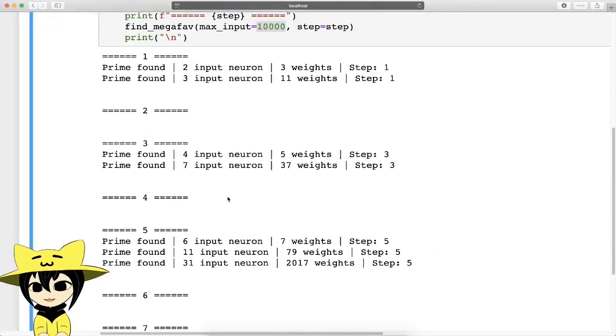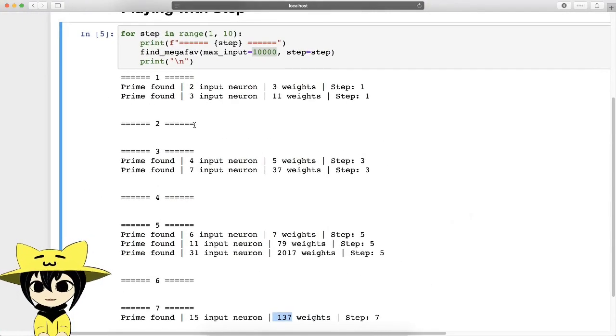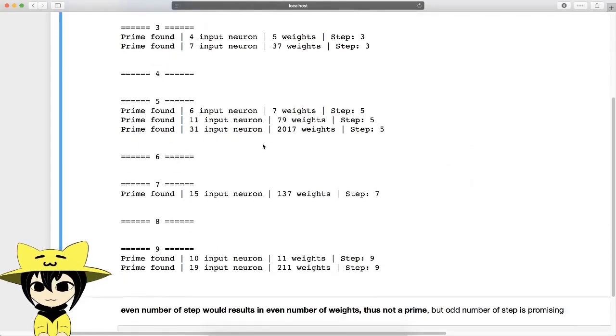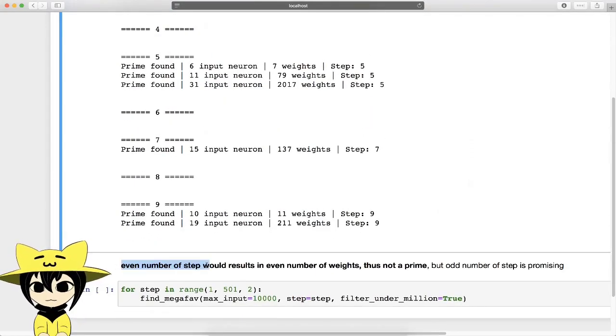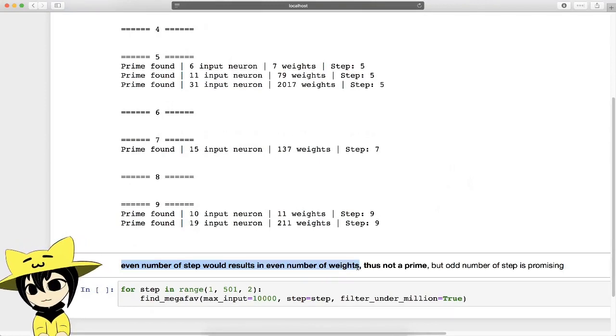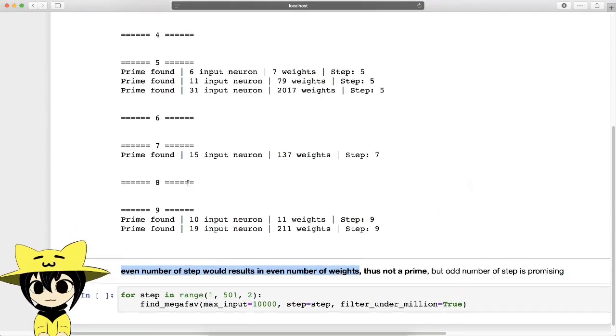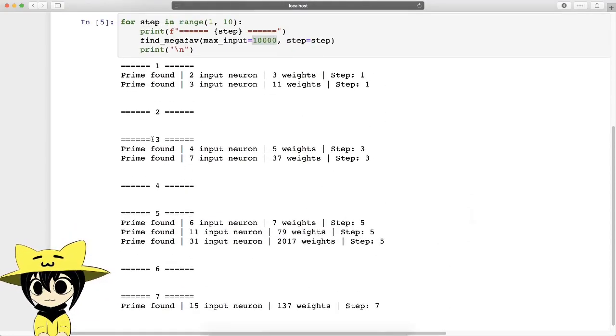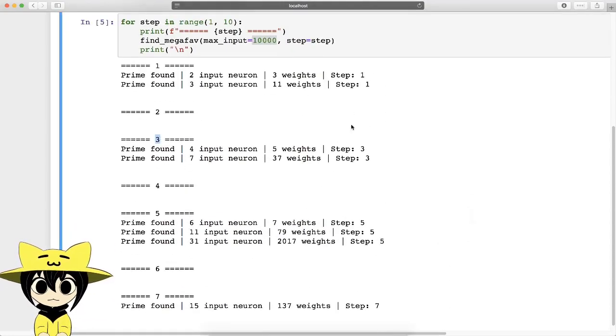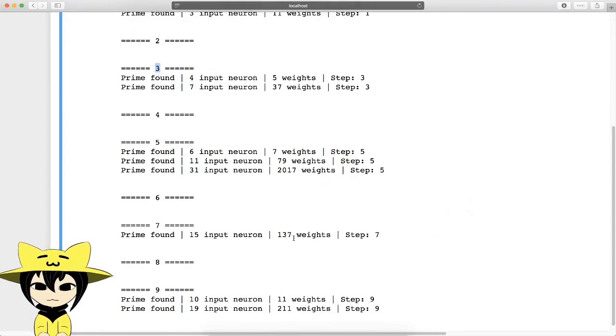We can see that when we use an even step, it never results in a prime number. It is because when we use an even step, it results in an even number of weights. That's why it would not find any prime there. But when we use an odd step, it looks promising because the prime numbers are getting bigger and bigger.